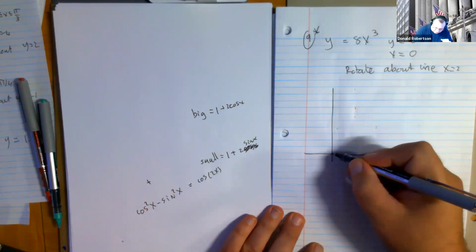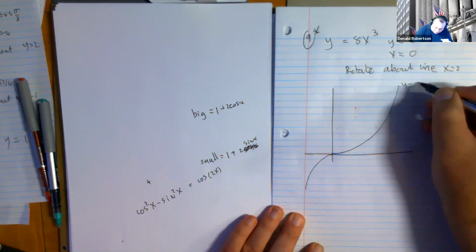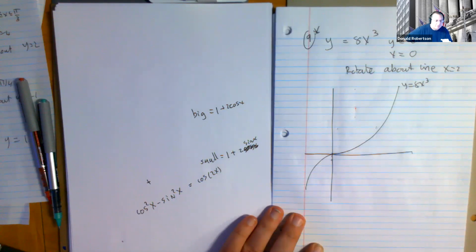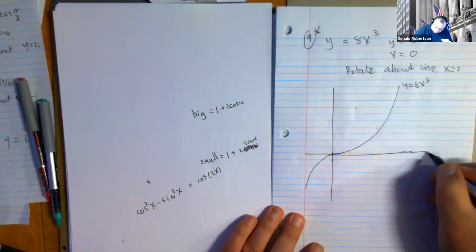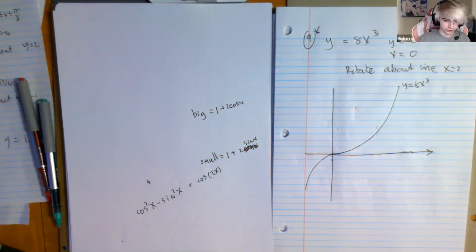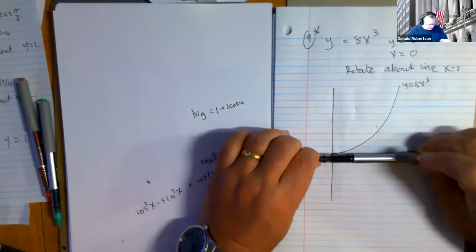So can you trust me that that's what y equals 8x cubed looks like? Pretty obvious shape anyway. Now, where is y equals 0? Directly on the x-axis, so it's that line there, right?